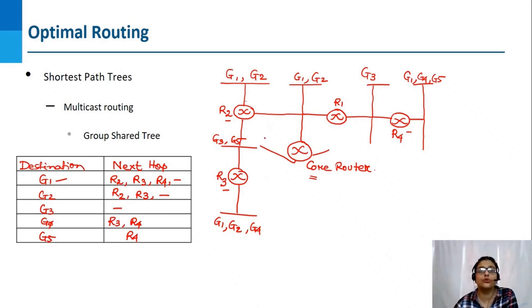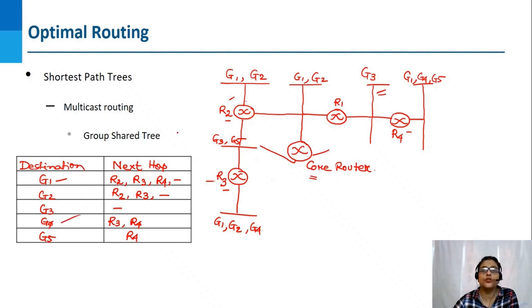If it wants to go to G2, again, it can go via R2, or it can go via R3, or it can directly go to G2. If the core router wants to go to G3, it can directly go, because G3 is directly connected to the core router, because the core router is connected to all the groups.